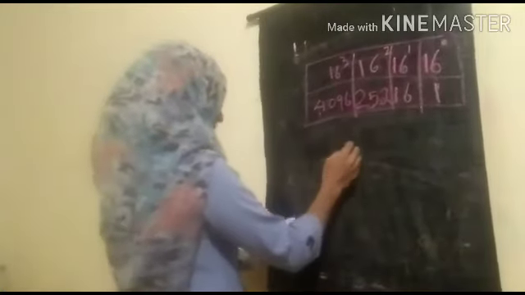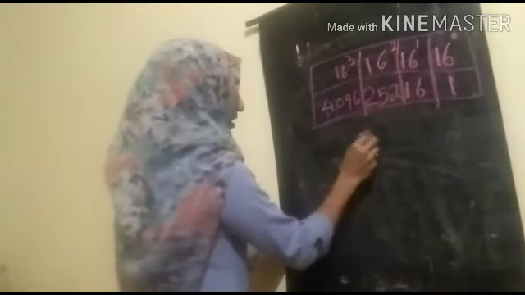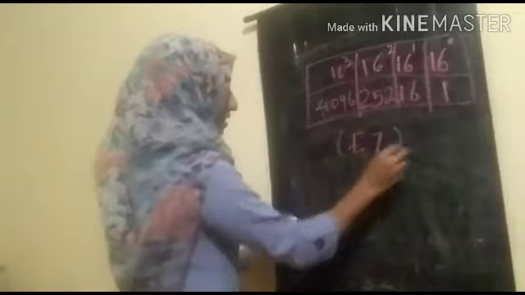For example, E7 base 16. This is a hexadecimal number.